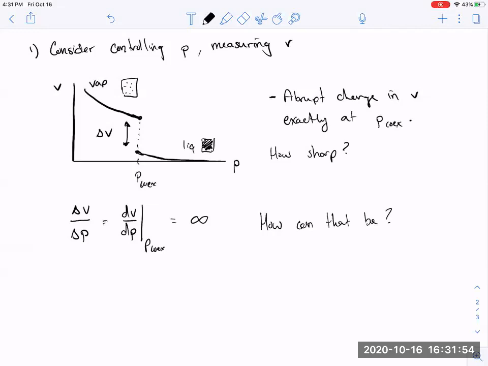This is, I think, so commonplace to us all. We all the time see examples of sharp behavior when we consider phase transitions, but it is a really odd thing to have happen.